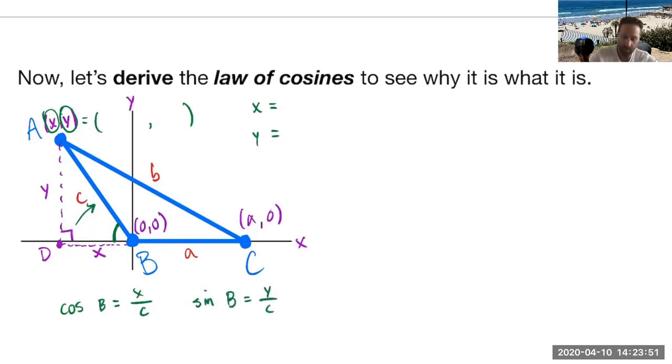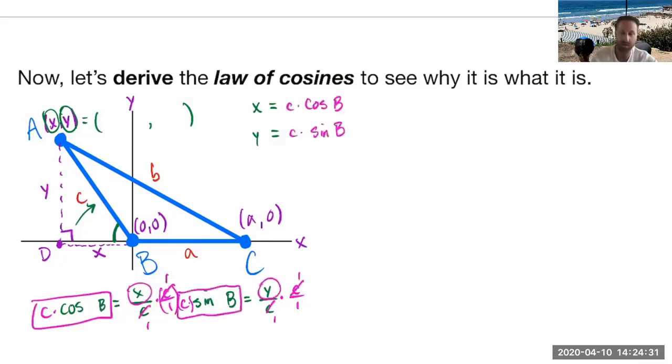Hopefully you can see that I would be able to solve each of those for the x and the y by simply multiplying by the length lowercase c on both sides. That would enable me to find what x is equal to and what y is equal to, which allows me to rewrite my x and my y as c times cosine of B and c times the sine of B.